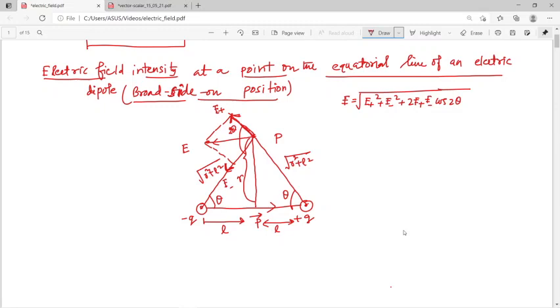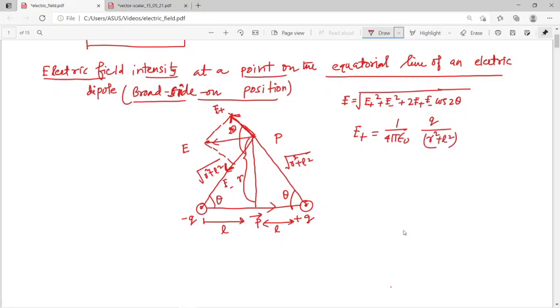So what should be the E plus? The electric field E plus is 1 by 4 pi epsilon naught, the charge is Q, and the distance is r square plus l square, because that is the square root of it.